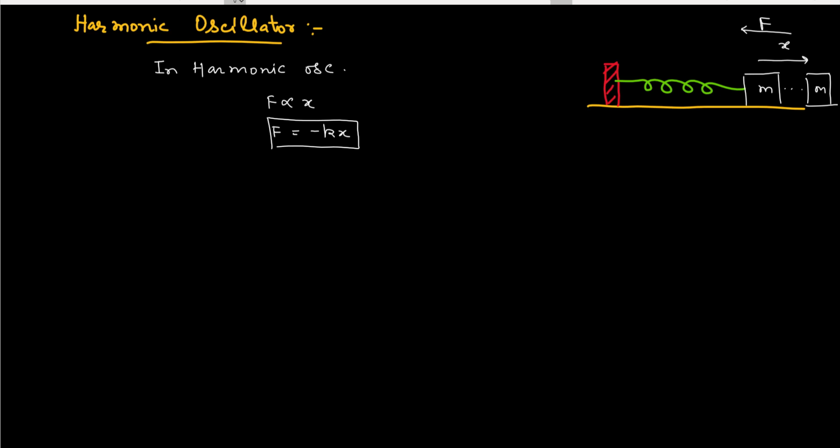The minus sign is due to the fact that F and x are oppositely directed, where k is called the force constant or spring constant.